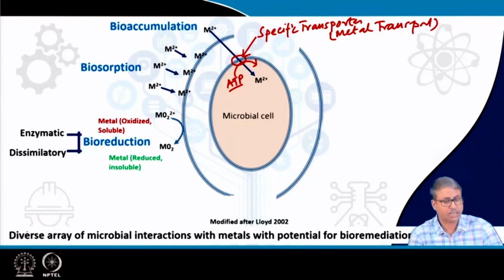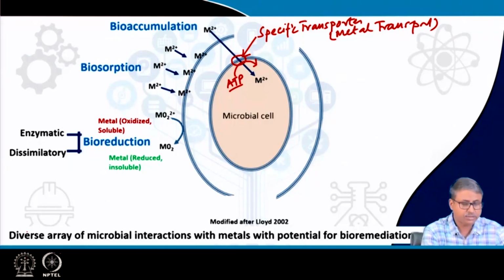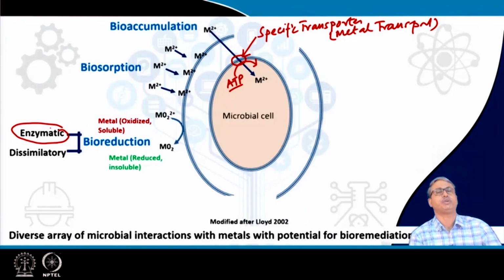These processes are catalyzed in one case by specific enzymes, like we will discuss for example, mercury or arsenic. We can see, because arsenic and mercury are absolutely not required by the cells, but they are toxic. So, arsenic and mercury type of heavy metals or metalloids can be reduced by bacteria using specific reductases.